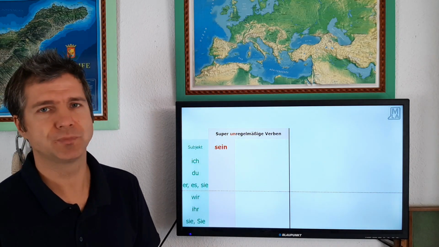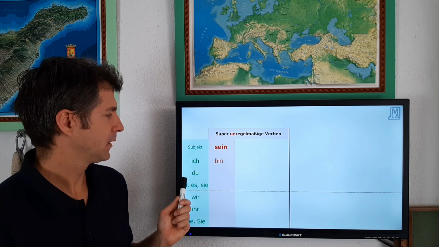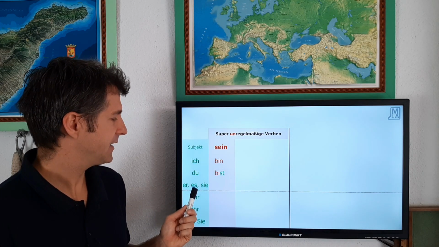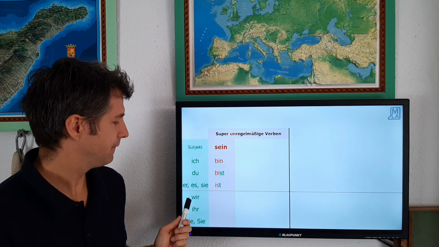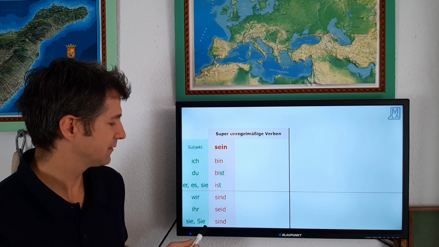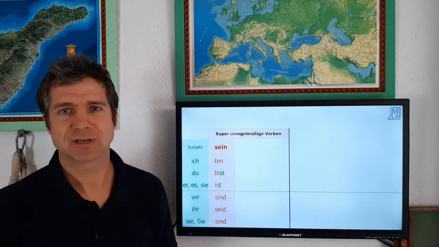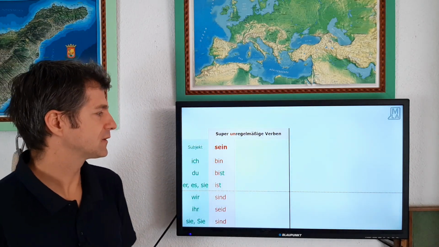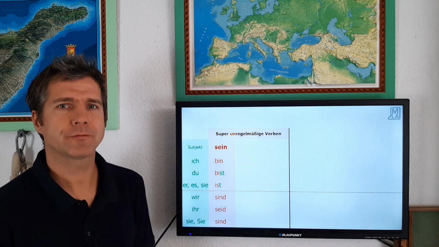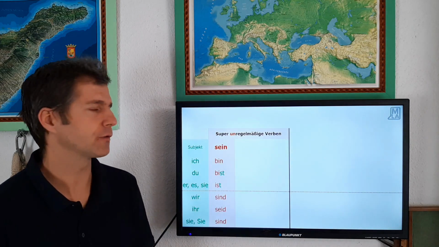And this is super unregelmäßig. You say, ich bin, du bist, er, es, sie ist, wir sind, ihr seid, sie sind. So we have to just remember those words, but we use it that often, so it's easy to remember this in the end because we get a lot of repetition.